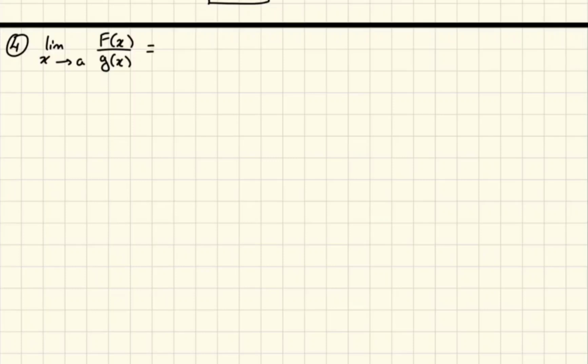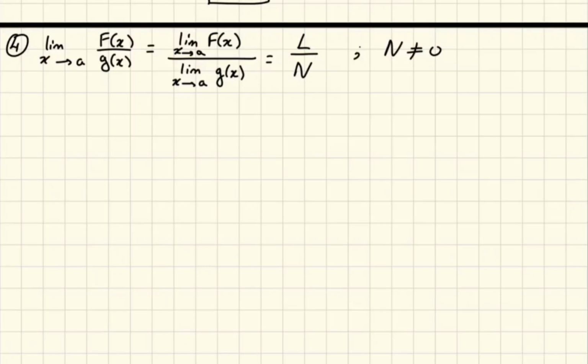Can I take the limit of the numerator alone over the denominator alone? Yes, you can do that. So it's exactly the same thing as the limit as x approaches a of f over the limit as x approaches a of g of x. We said it's L over n in this case, knowing that n cannot be 0. So the limit as x approaches a of g of x is not equal to 0 because it's in the denominator.